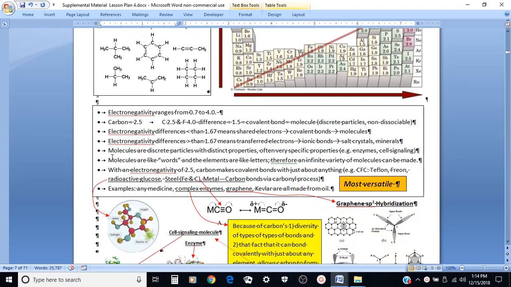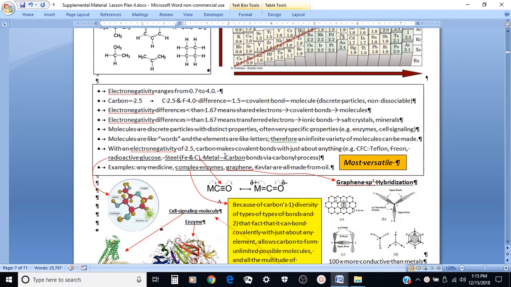Now, molecules are discrete particles with very specific, often highly specific properties. For example, enzymes, cell signaling molecules, which we'll talk about down here.